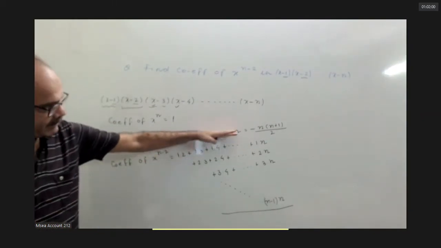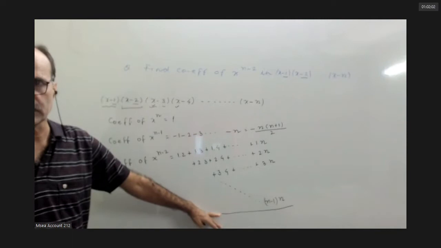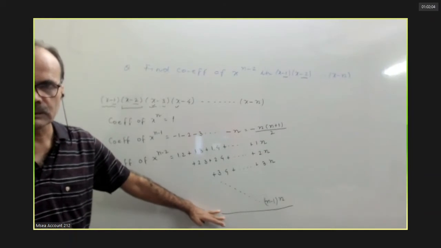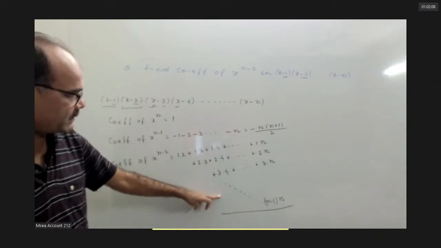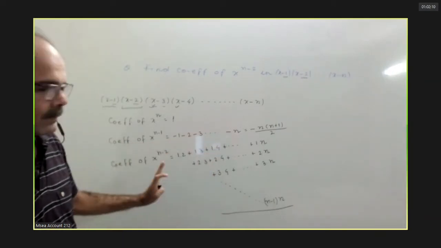Now we can find this sum, this double summation. This is basically the double summation of i into j.